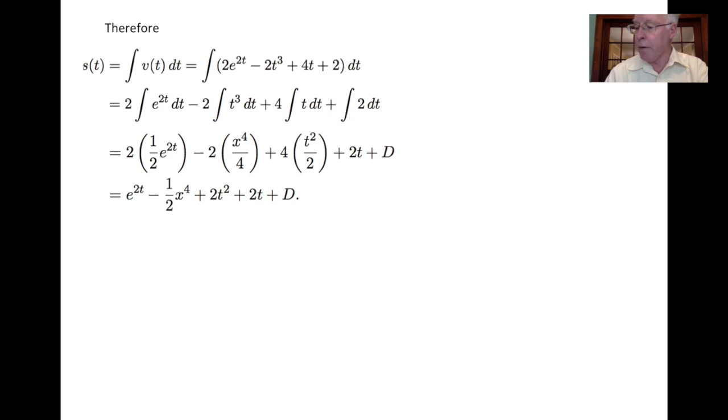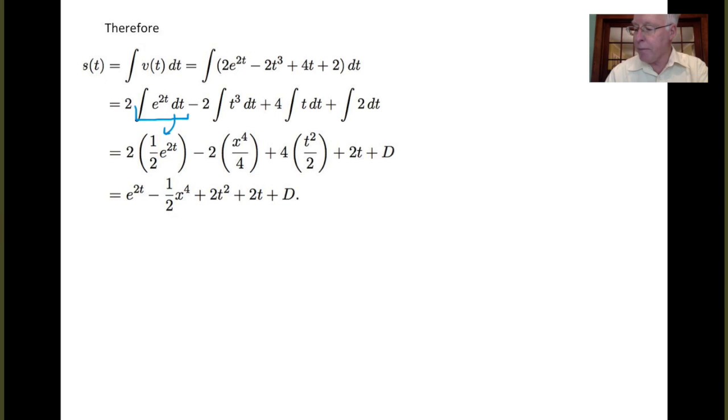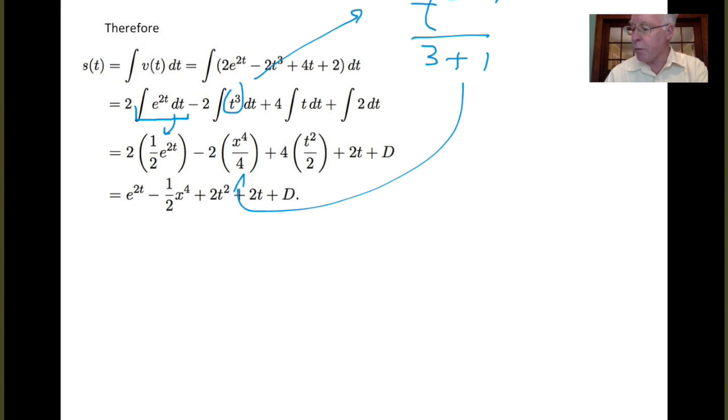As before, the antiderivative of 1/2 e to the 2t, the power rule, t cubed becomes t to the 3 plus 1 over 3 plus 1, which is where this should have been a t to the 4th, not an x. That's where the t to the 4th comes from. And we handle the t to the 1st in a similar way, the constant term, and then once again a constant of integration.